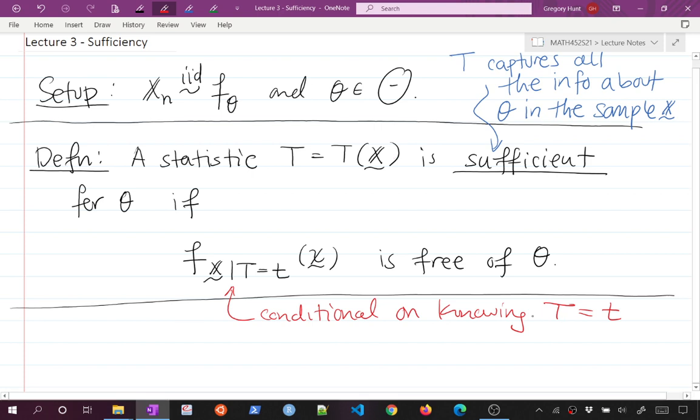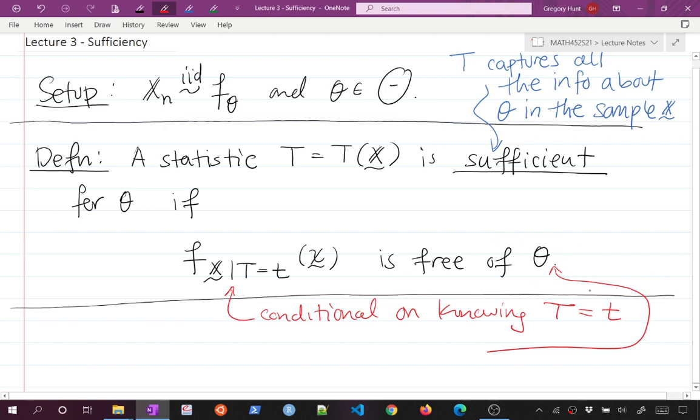If I know that this random variable takes on a particular value, conditional on the fact that I know T takes on 5 or 7, the leftover conditional distribution of the data doesn't have anything else related to theta in it.